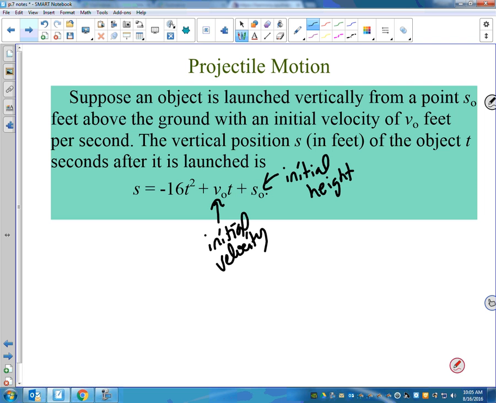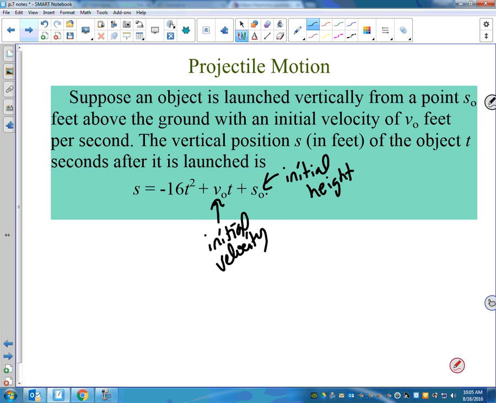No, that's just the acceleration due to gravity. It's not how fast you go, because that depends on what your initial velocity was. You have to use this equation. That's just the effect that gravity has. So if you're on the moon, then this constant changes, because gravity's different on the moon.